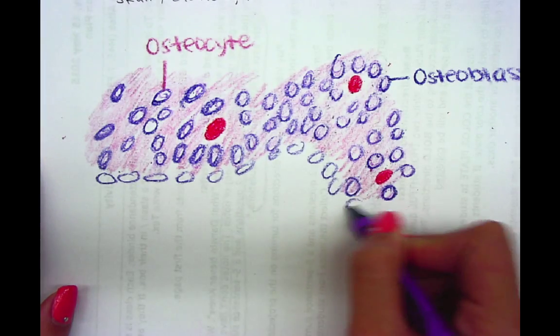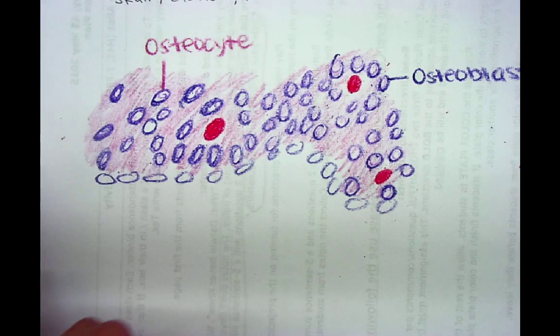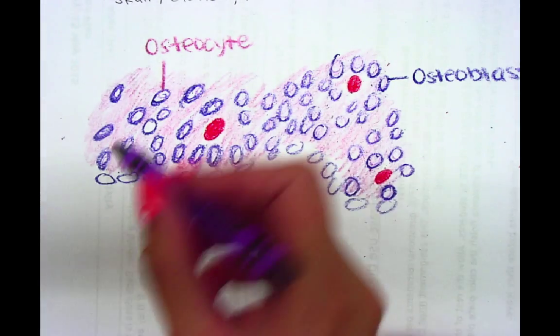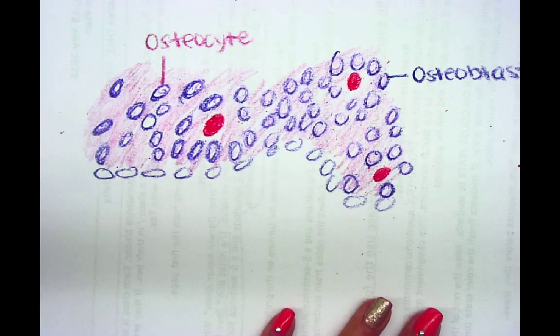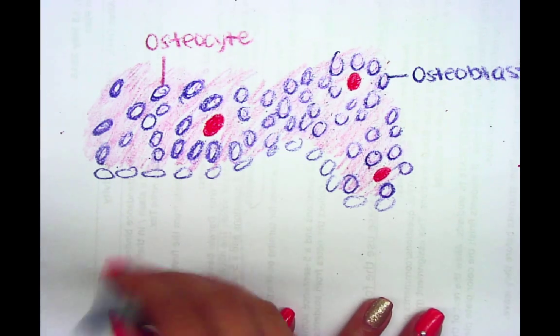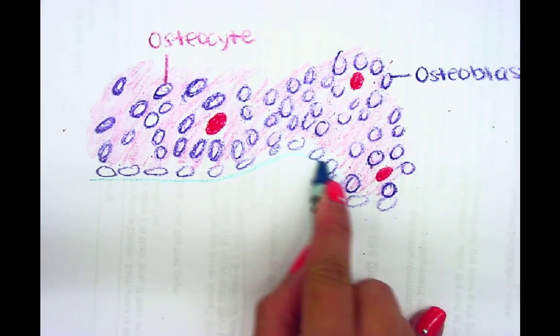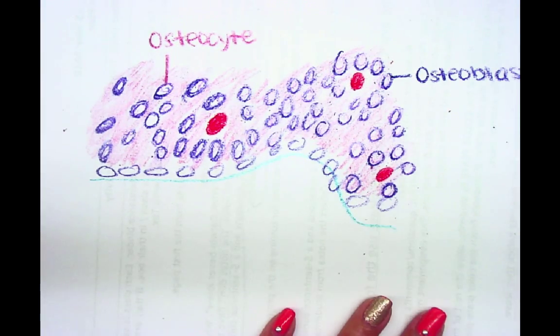These are still osteoblasts, and you're going to have some connective tissue that starts forming the periosteum on the outside. Remember, periosteum is the soft tissue that actually attaches to the blood vessels as well. So here's a periosteum layer.